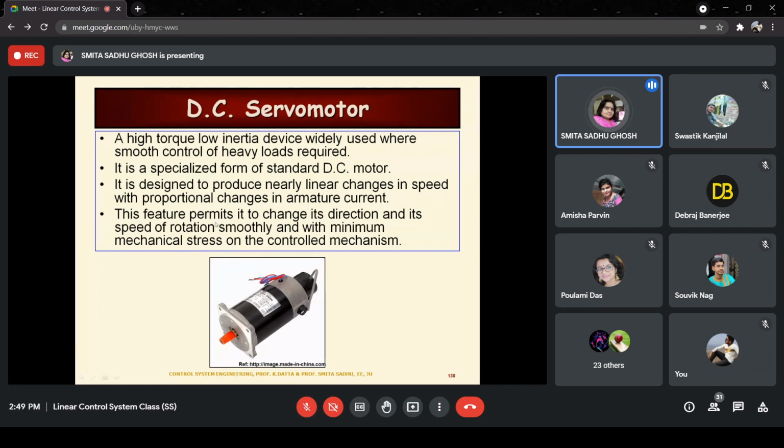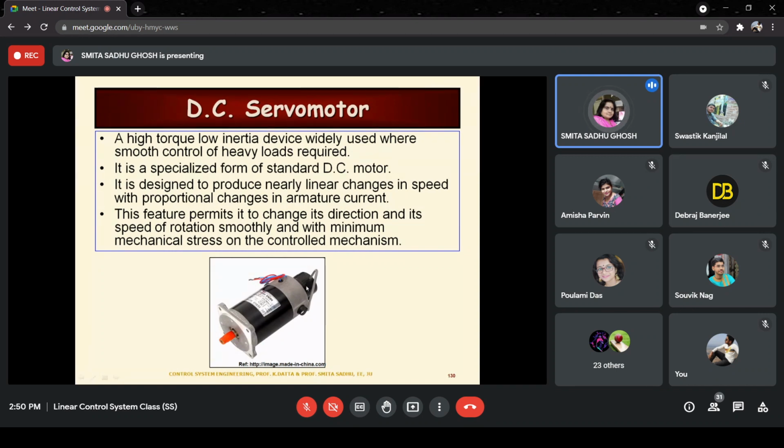So this feature permits it to change its direction as well as its speed of rotation smoothly, with minimum mechanical stress on the control mechanism. So if the direction of the input current is reversed, we would expect that the servo motor will immediately start rotating in the opposite direction.